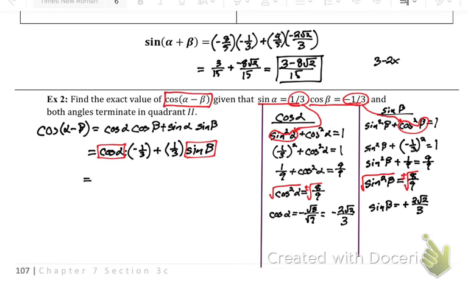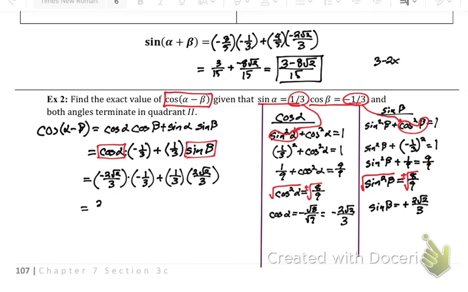So we found out cosine alpha equals a negative 2 square root of 2 over 3. So we'll put negative 2 square root of 2 over 3 here, times that negative 1/3, plus 1/3. Sine beta is 2 square root of 2 over 3. We are going to do our multiplication. This is a negative times a negative, which will give us a positive.